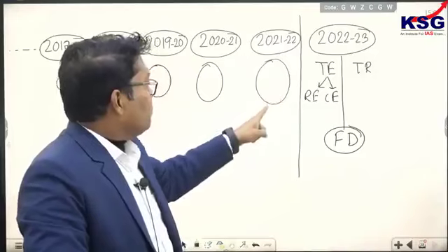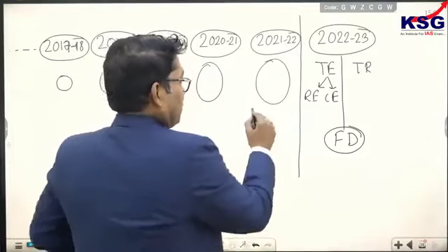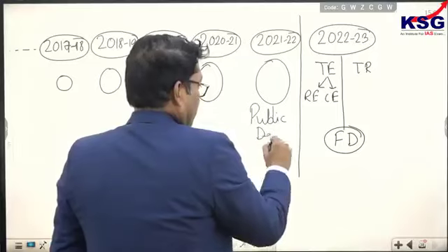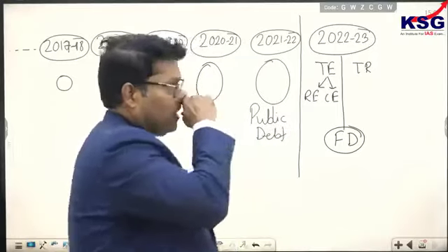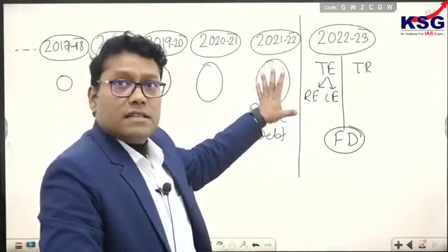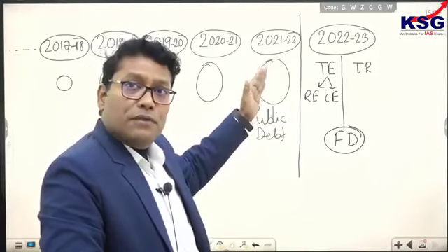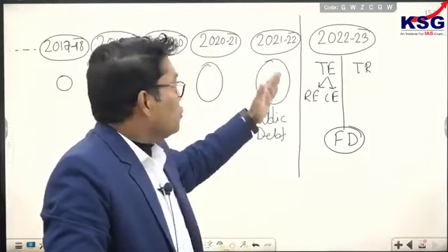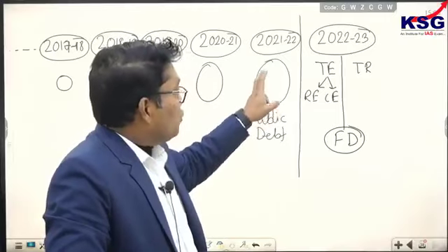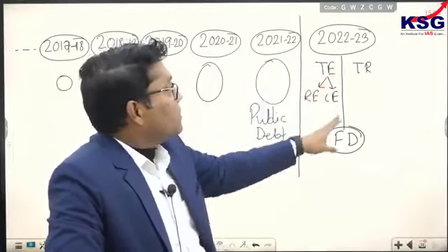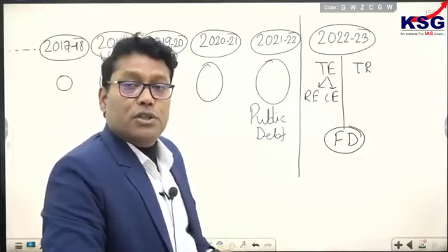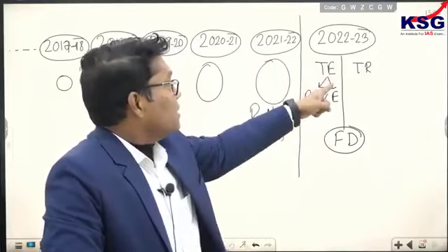This total public debt was created by the previous fiscal policies, and on this public debt you are paying interest in this fiscal year.